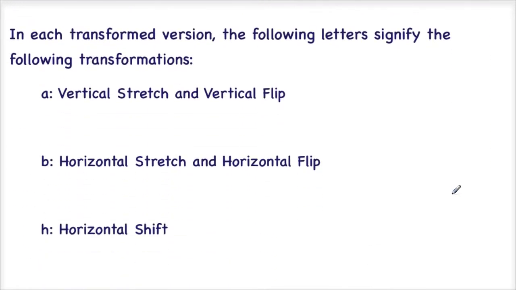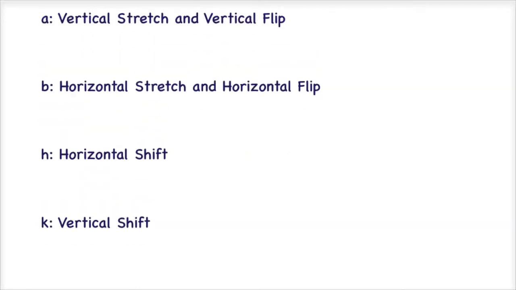So for each transformed version, the following letters signify the following transformations. So A represents the vertical stretch and vertical flip.